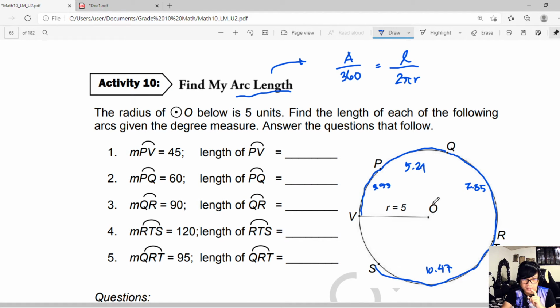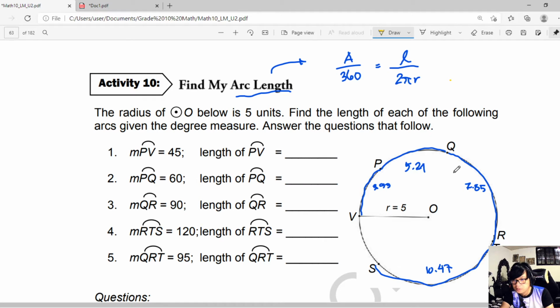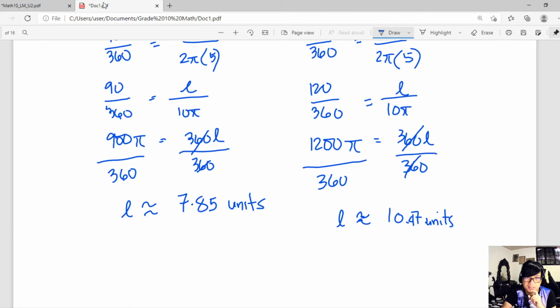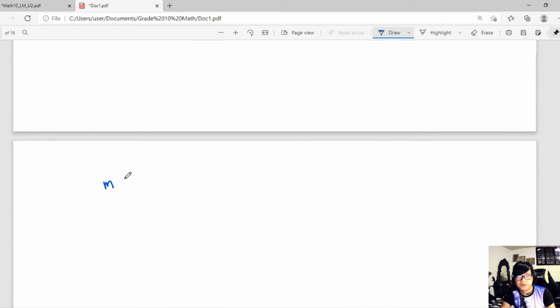Where is QRT? The measure of QRT. So this one. We will use another color here. Let's try yellow. The measure of QRT is 95.